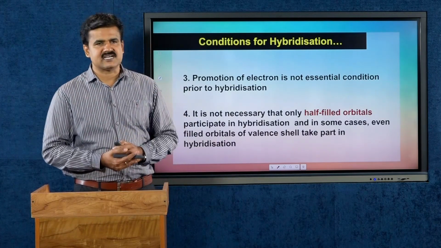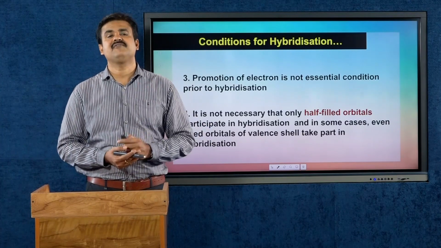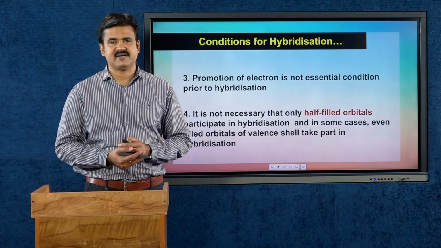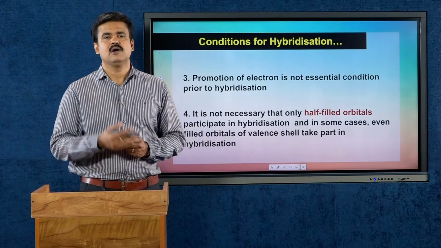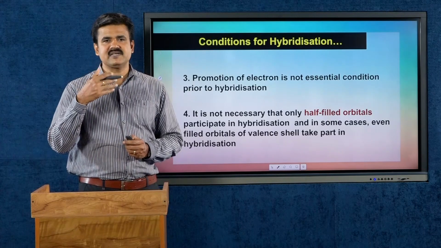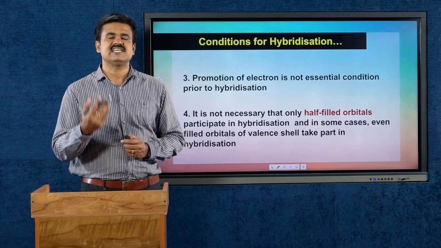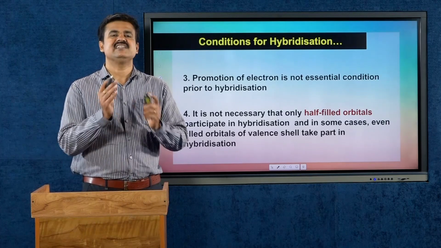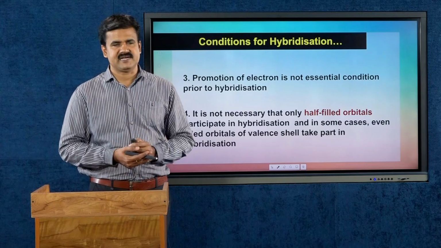This is the fourth condition. It is not necessary that only half-filled orbitals participate in hybridization, and in some cases, even filled orbitals of the valence shell and vacant orbitals etc. can take part in hybridization. So, it is not necessary that only half-filled orbitals take part in hybridization.